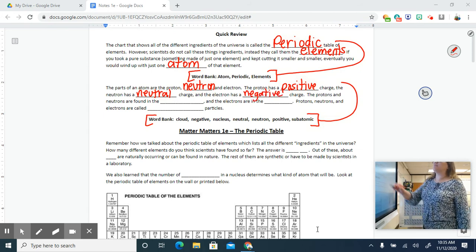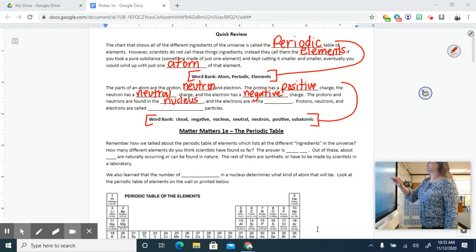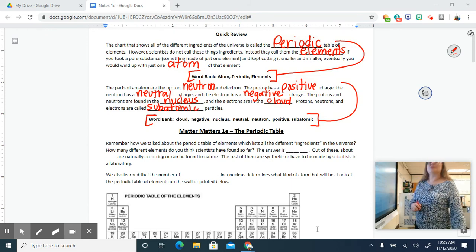The protons and the neutrons are in the nucleus, and the electrons are in the cloud. Protons, neutrons, and electrons are called subatomic particles. All right, check yours. Moving on.